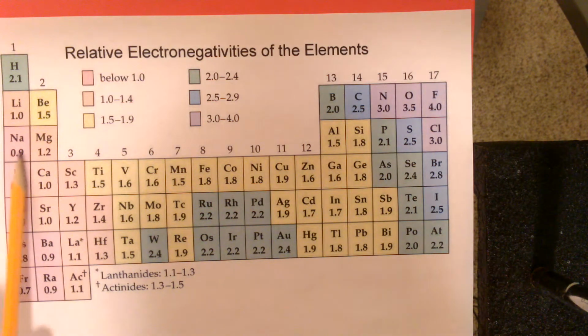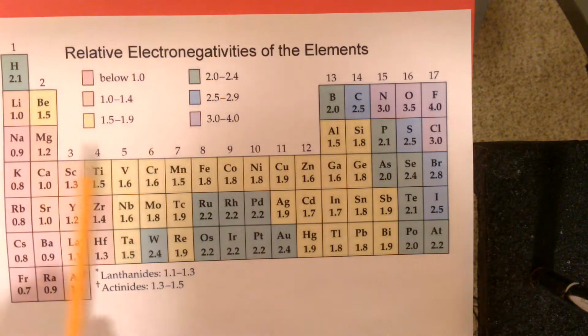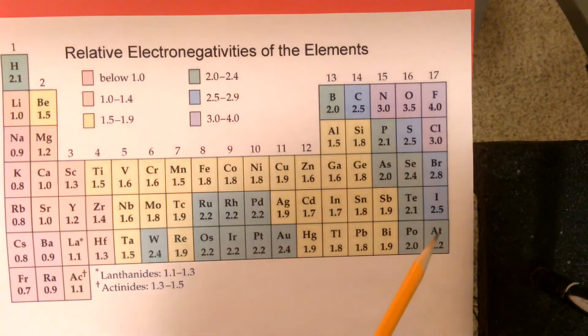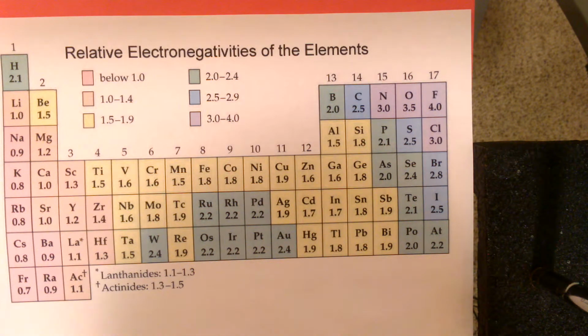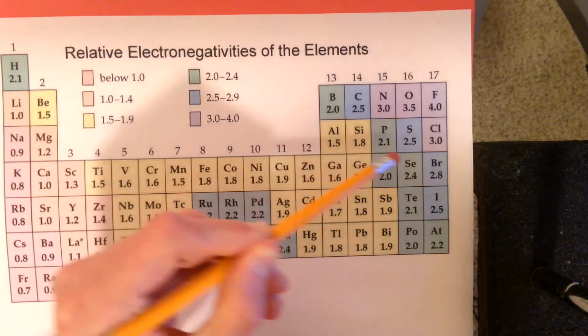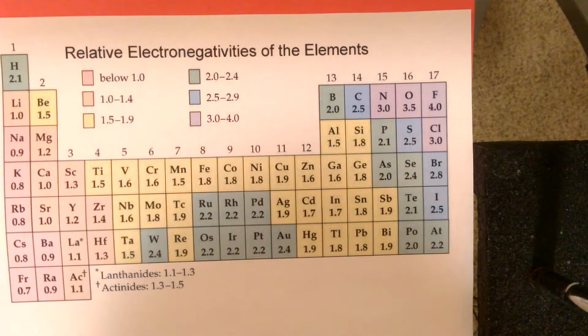And as we go across a period, we see that increasing pattern of electronegativity, that greater attraction. Well, we know that as we go across a period there is a decrease in radius, which would help give proximity to the nucleus so that electron could be attracted. But we also know that as we go across a period, there's a greater effective nuclear charge, that the nucleus itself is gaining protons and becoming more positive.